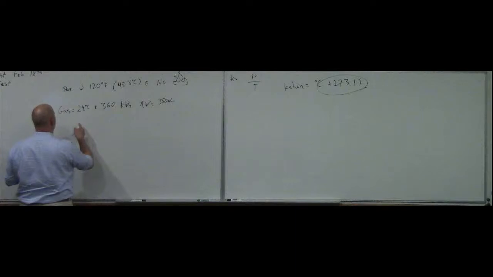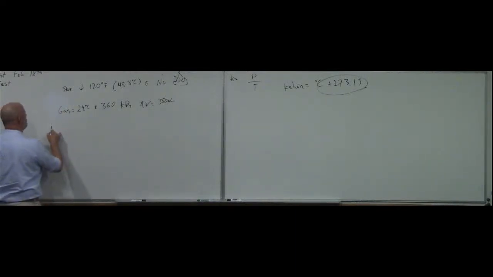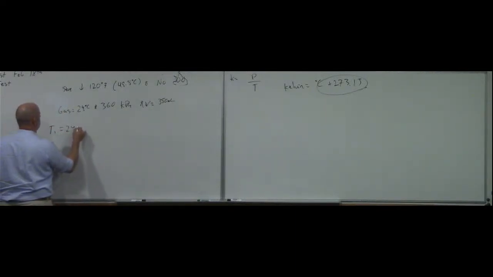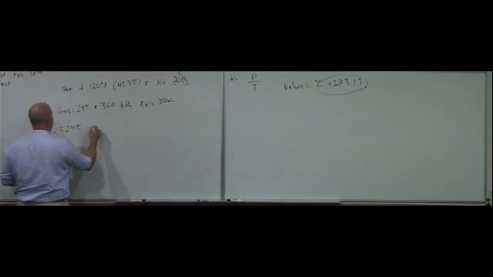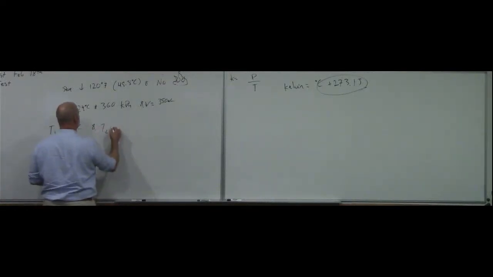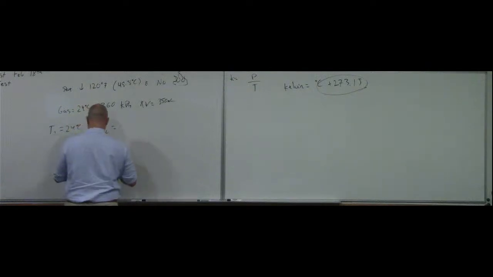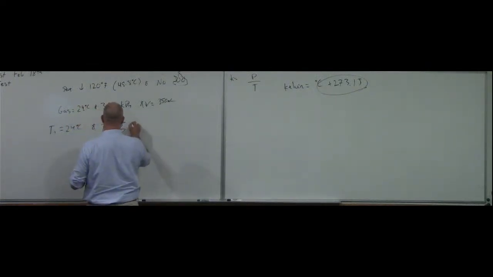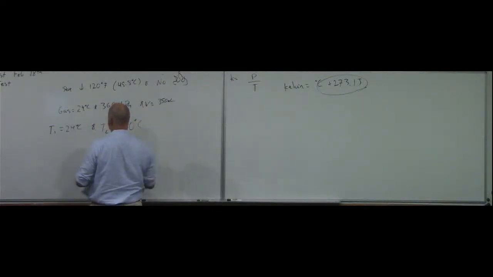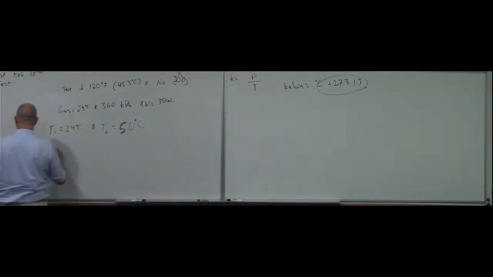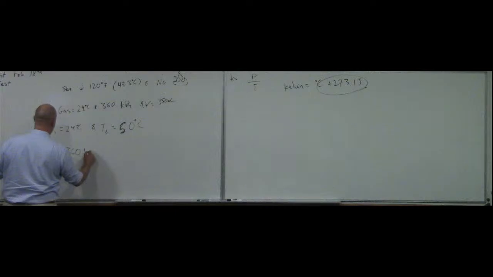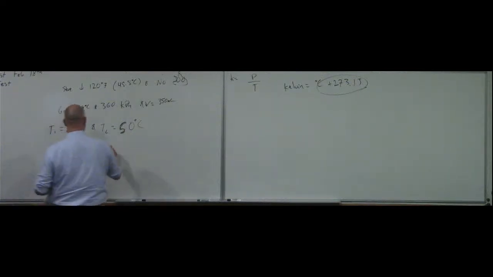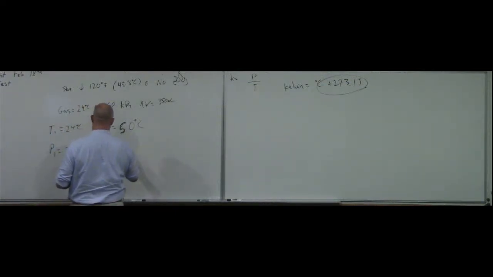So we've got T1 equals 24 degrees centigrade, and T2 is 50 degrees centigrade. I've got P1 is 360 kilopascals. I need to know my P2.